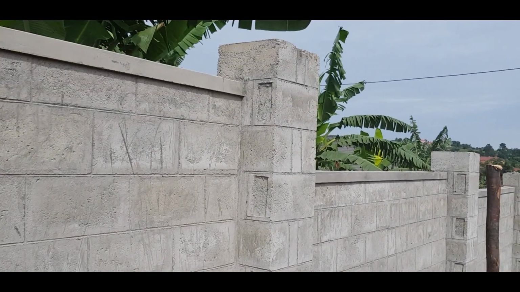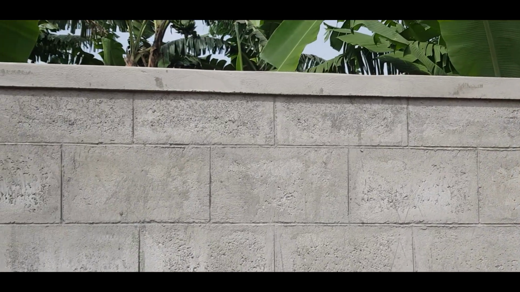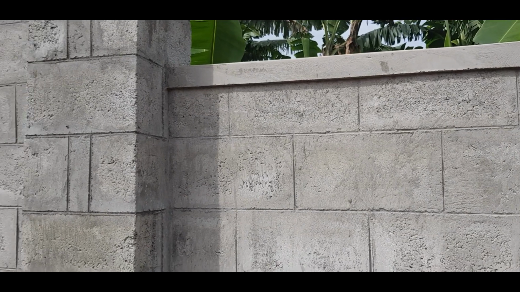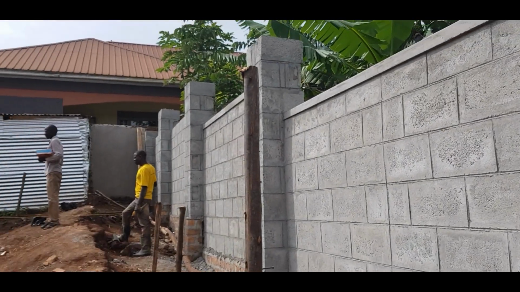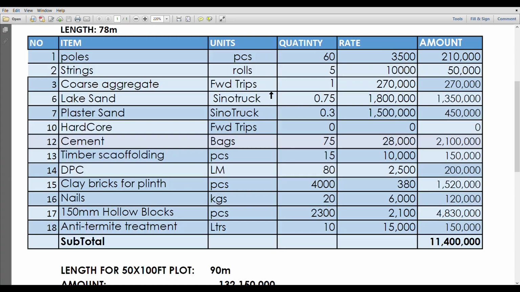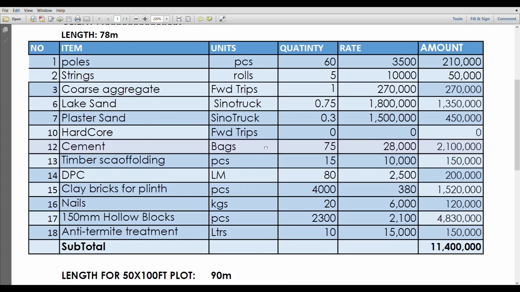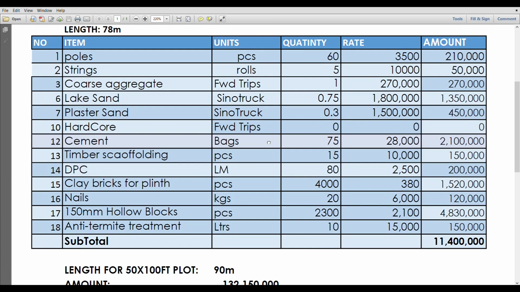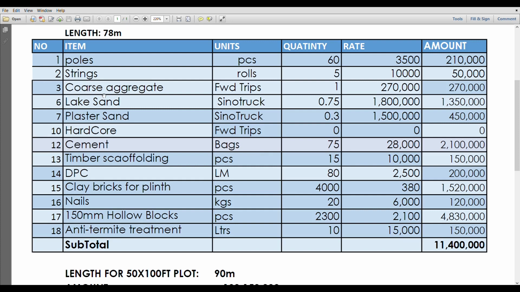We bought clay bricks, about 4,000 of them, each at 380 shillings. Some people might choose to use mud bricks, but clay bricks are much more superior. We also bought nails, 20 kilograms at 6,000, that is 120,000. And then we also used 150 millimeter hollow blocks, about 2,300 of them, each at 2,100.